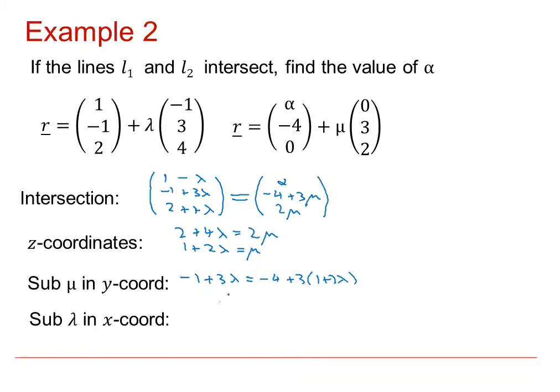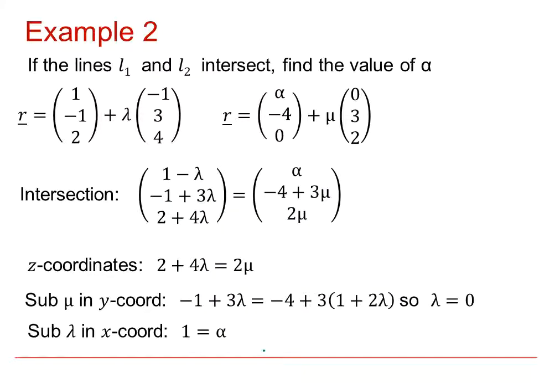If we solve that, we get lambda equals 0. Now we know the value of lambda, we can sub that into the x coordinates to get 1 minus nothing is alpha, therefore alpha must be 1. And there we can see a full solution for the problem.